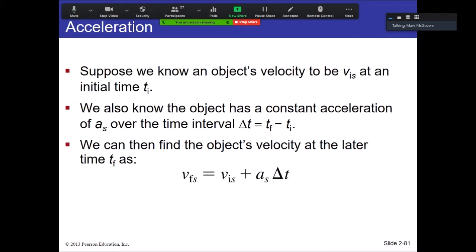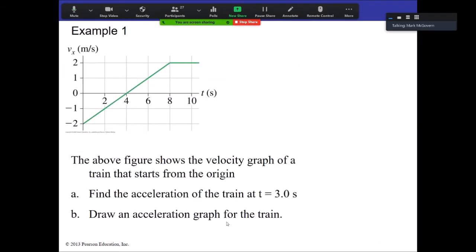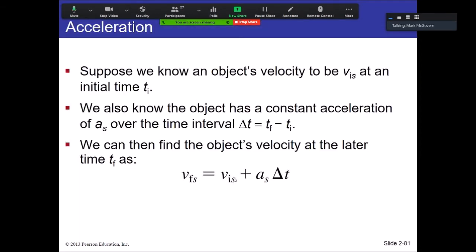From your velocity graphs, like this velocity graph here, right? If there is acceleration, well, this is just a straight line, linear, right? And so there's another equation that we can come up with here. What this equation really is, it's just the definition of acceleration, just rewritten, right? So final velocity equals initial velocity plus acceleration times delta t.